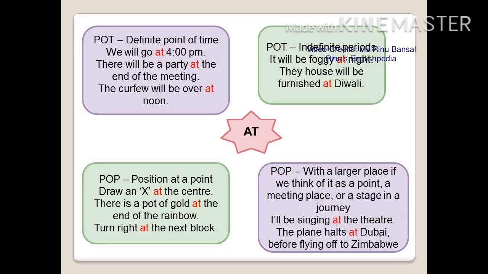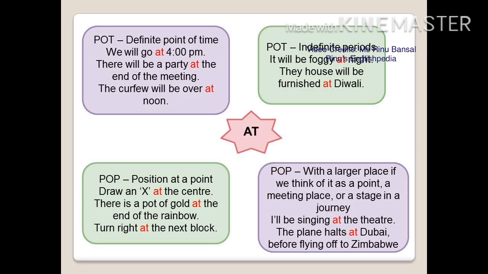We are talking about a particular position that is at the end of the rainbow and not at the beginning. In the sentence, turn right at the next block, we are talking about a particular position, that is the next block.